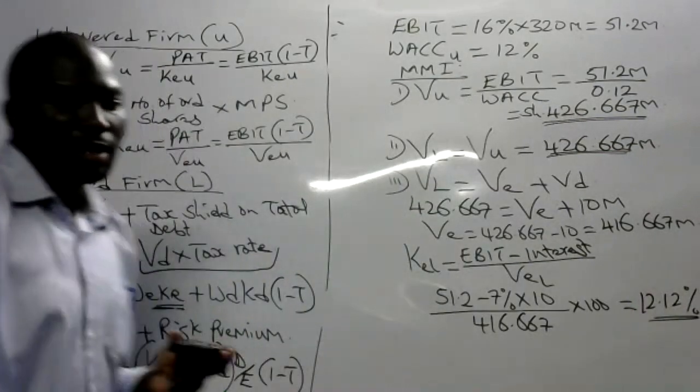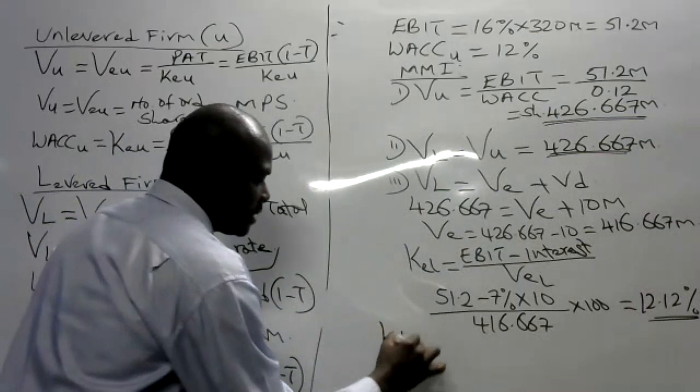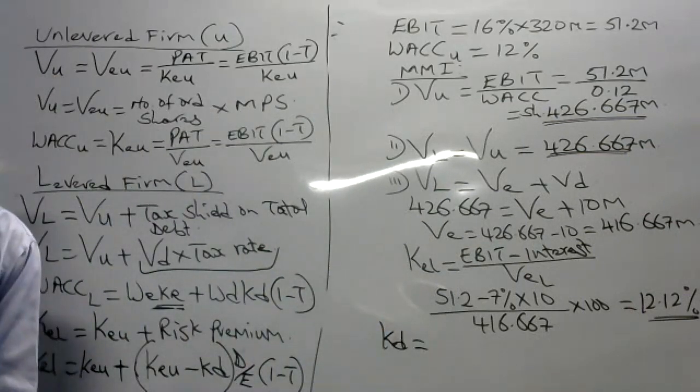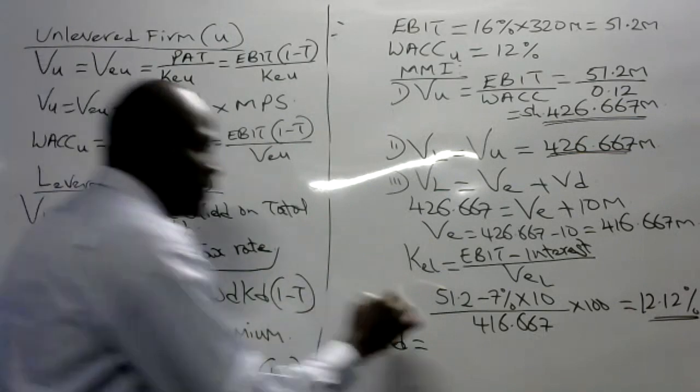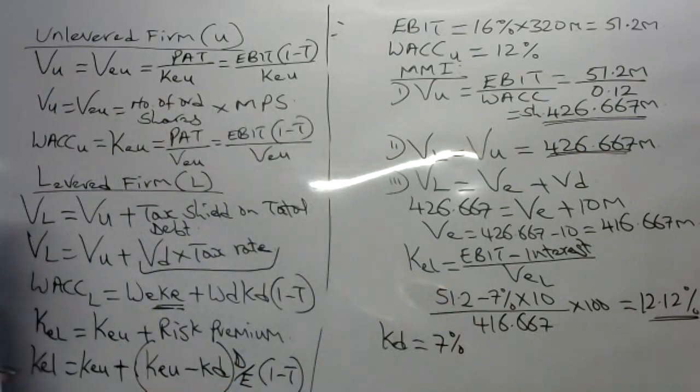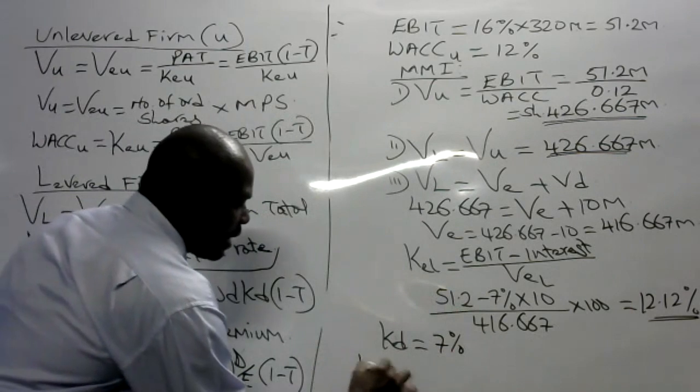Do we have the cost of debt? Unless otherwise stated, debt is selling at par. Your Kd will be how much? 7%. So can I have my WACC?